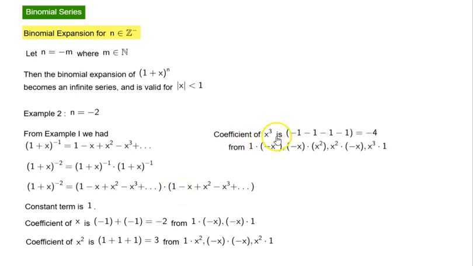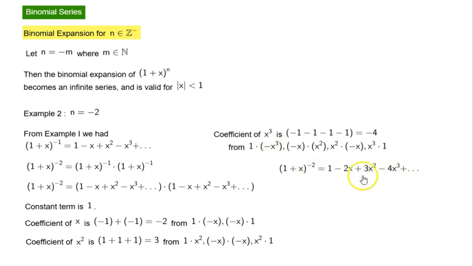And similarly the coefficient of x cube gives us minus 4. So 1 plus x to the power of minus 2 is equal to 1 minus 2x plus 3x square minus 4x cube and so on.